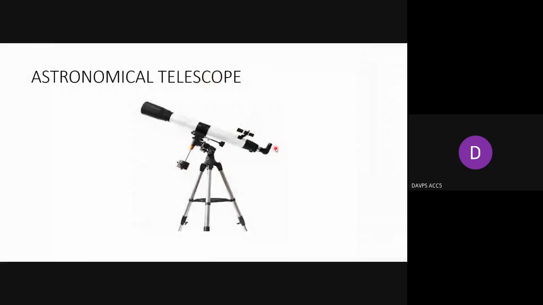The important portion here, you look at here, you will be finding the objective lens here. That is fixed. We cannot change the position of this objective lens. But the eye lens is here, and from this pointer to this pointer, the eye lens is fixed in this tube, and the objective lens is fixed in this tube.